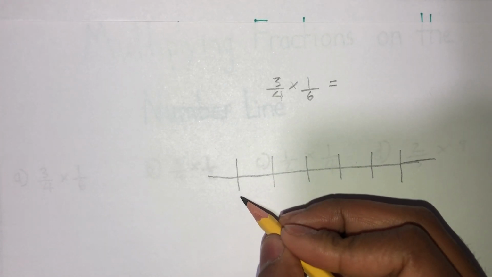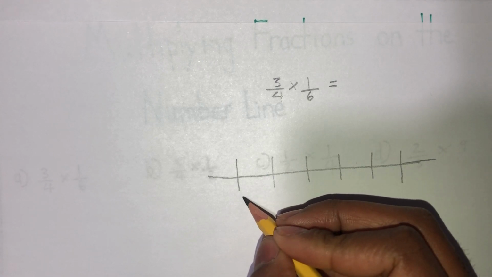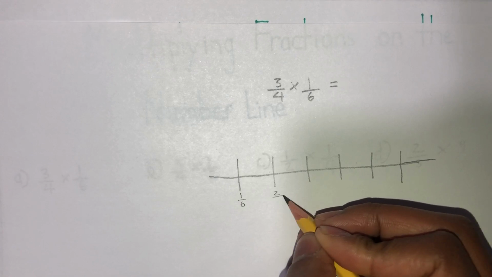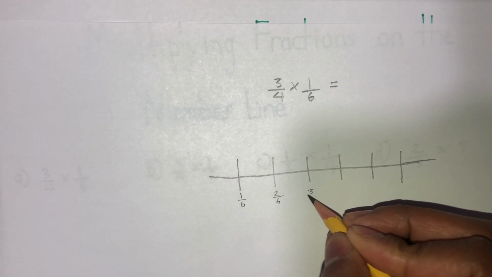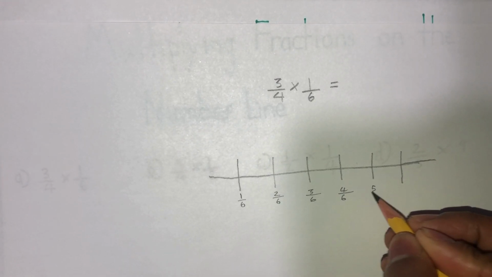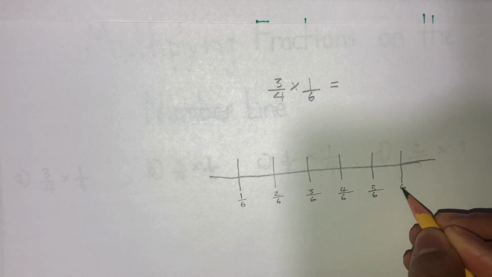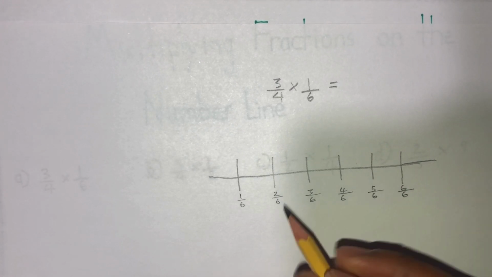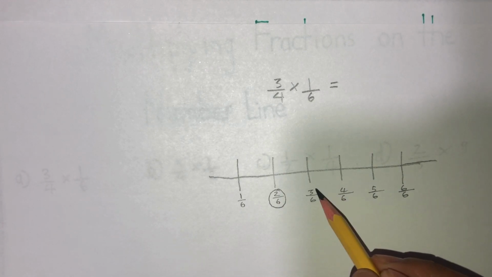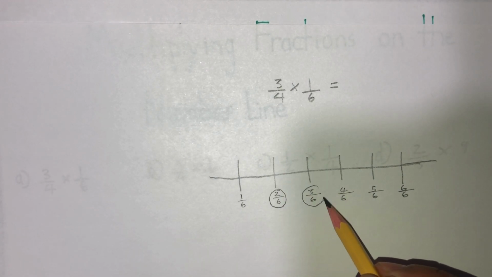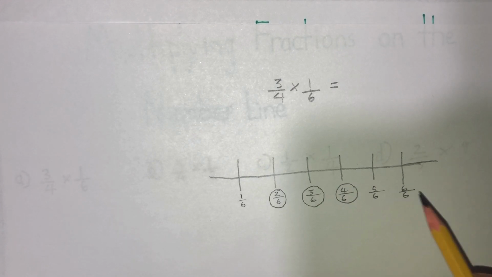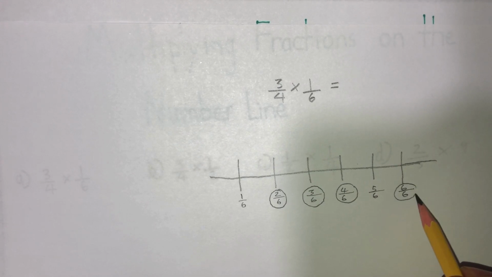Now we're gonna label each part. So this is 1/6, 2/6, 3/6, 4/6, 5/6, 6/6, and this can be reduced as well as this fraction, as well as this fraction and this fraction.